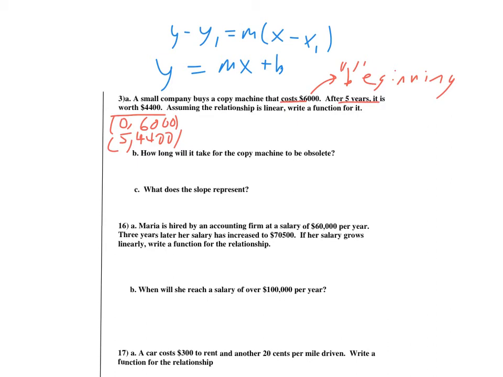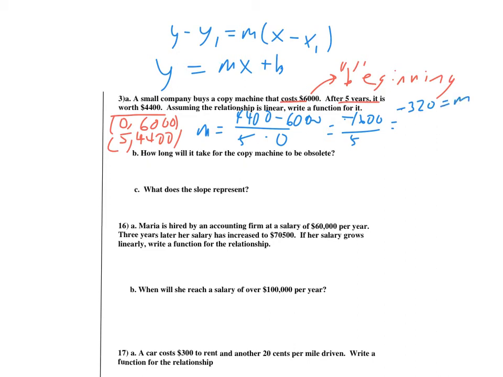With 2 points, we're going to find our slope. So m equals (4,400 minus 6,000) over (5 minus 0). So it's going to be negative 1,600 over 5. I'll use a calculator for that. That comes out to negative 320 for our slope.